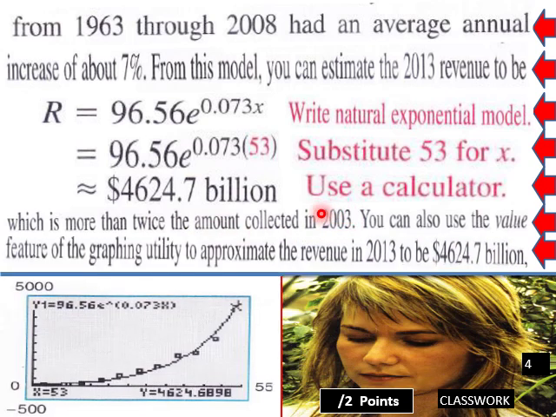You can also use the value feature of the graphing calculator to approximate the revenue in 2013 to be 4624.7 billion. So again, that'd be right here. Here is our number, 4624.7 when x equals 53. So that would be your value there.